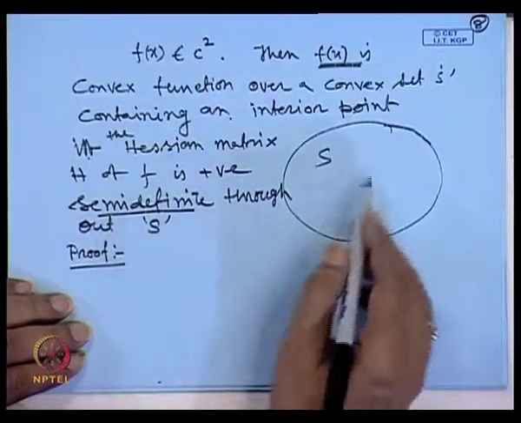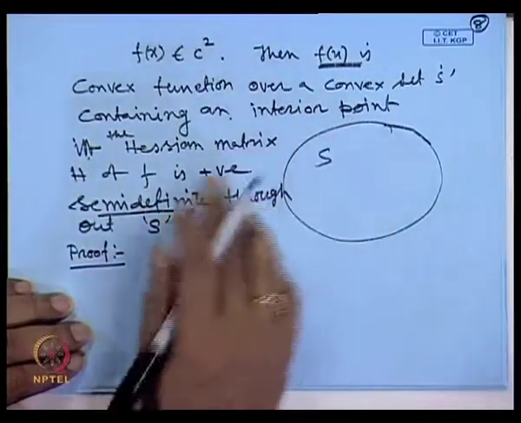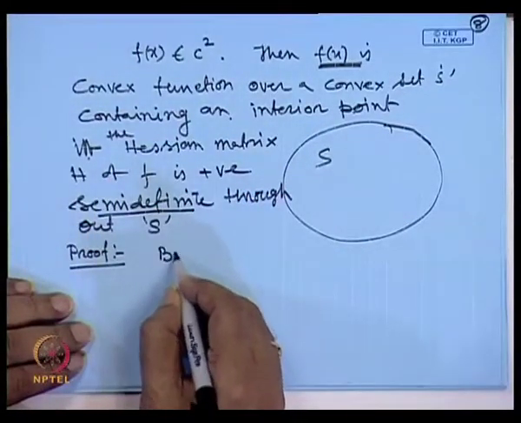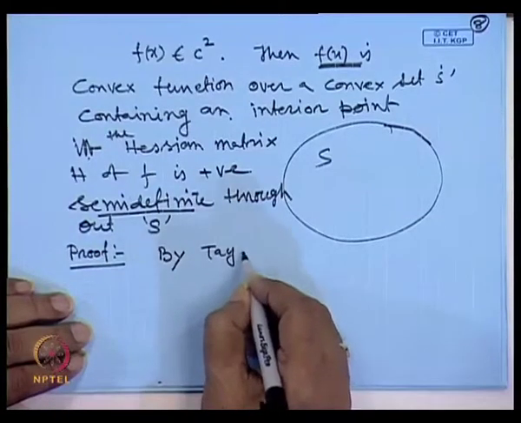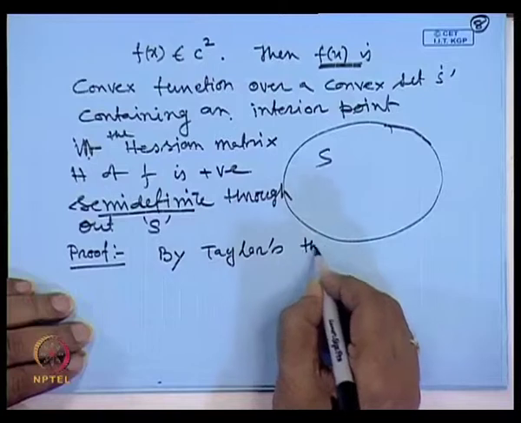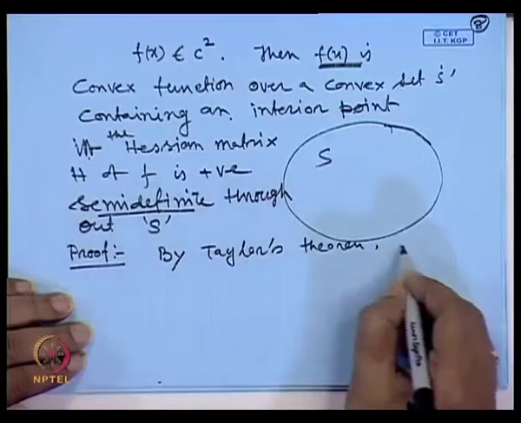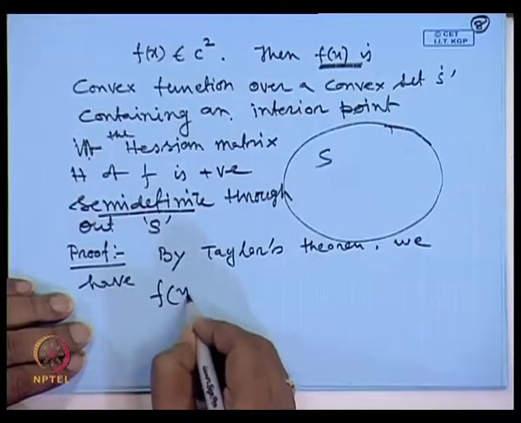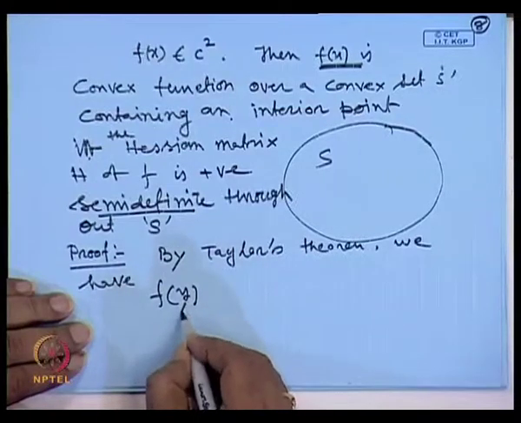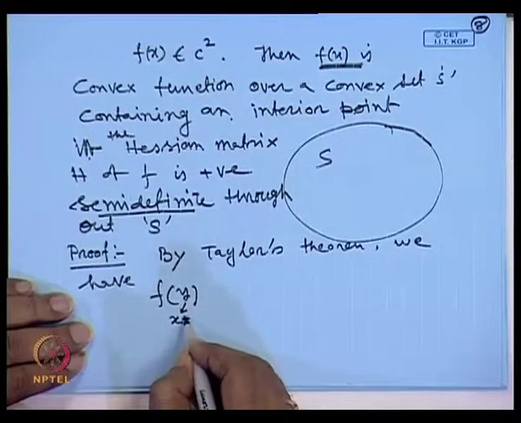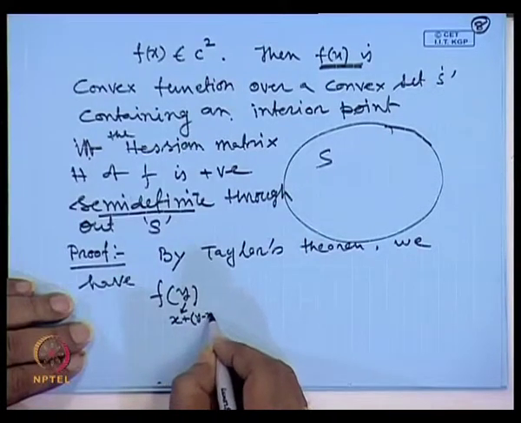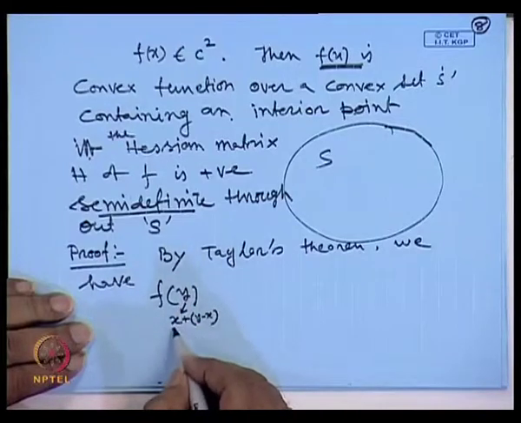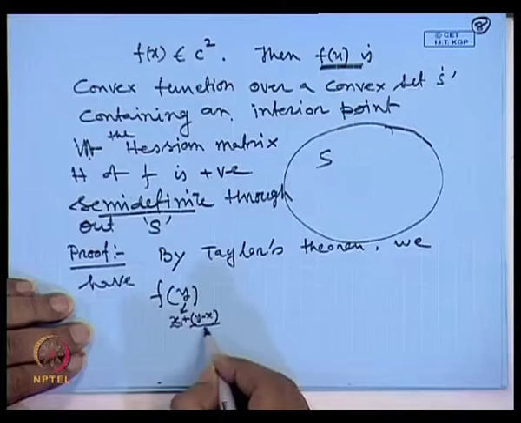Since we are considering that there is an interior point in the set, let us consider the Taylor series expansion now. By Taylor's theorem, suppose we have f of y, where x is the interior point and y is a point around it, so y is x plus delta x.